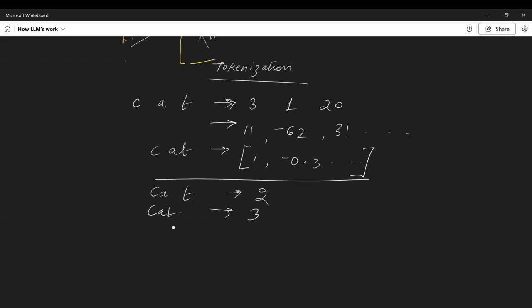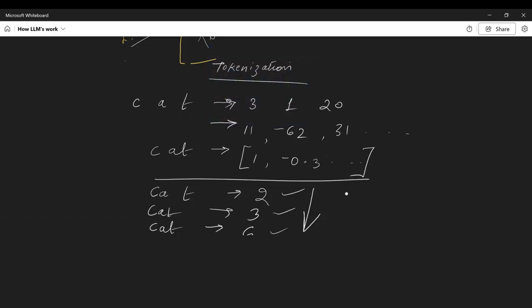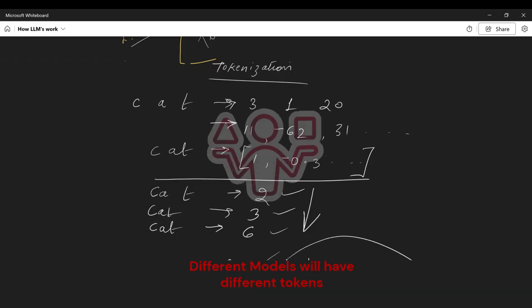The more and more we start increasing the number of tokens, it will give more deep meaning to these words. And different models will have different types of tokens and different numbers of tokens.